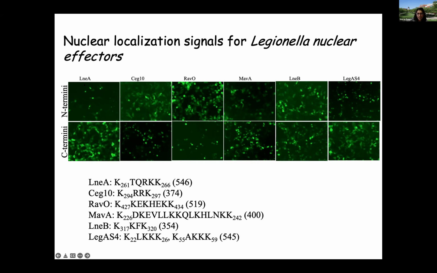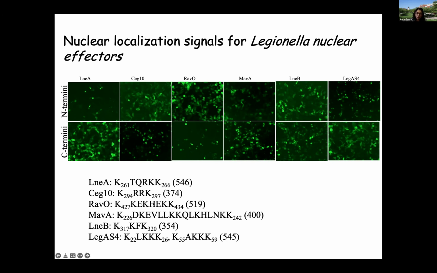You can see here, LNE A has the N-terminus going to the nucleus, and likewise LegAS4 has an N-terminus. On the basis of that, I reprobed and found that these are the sequences that appear to be the NLS sequences.